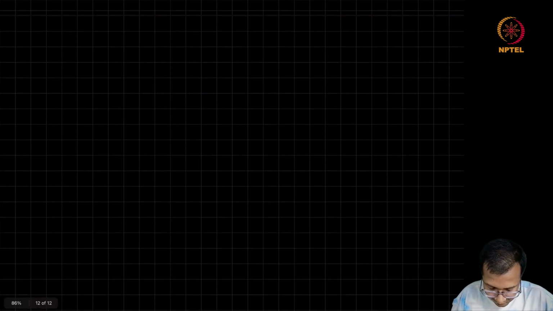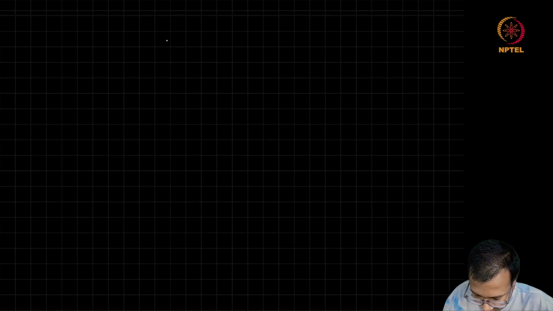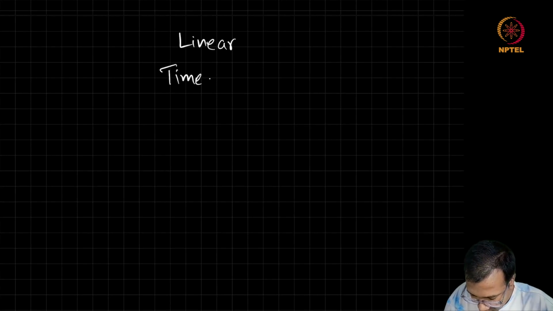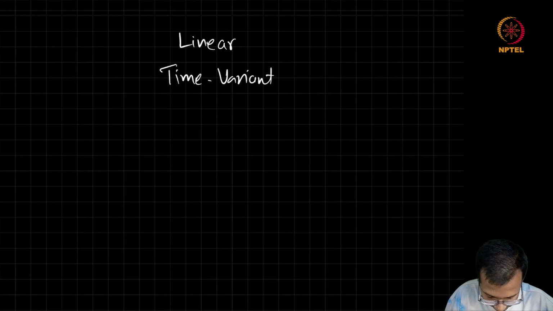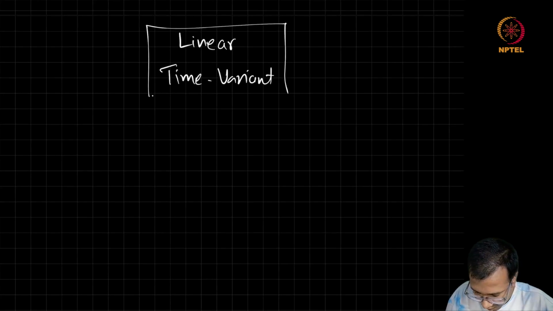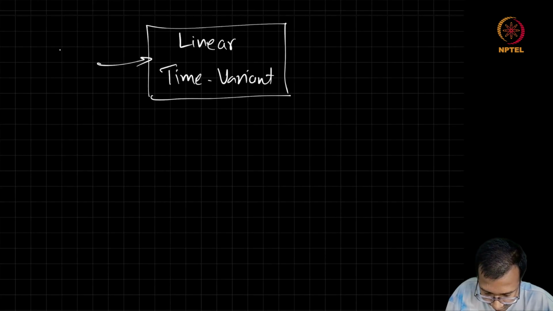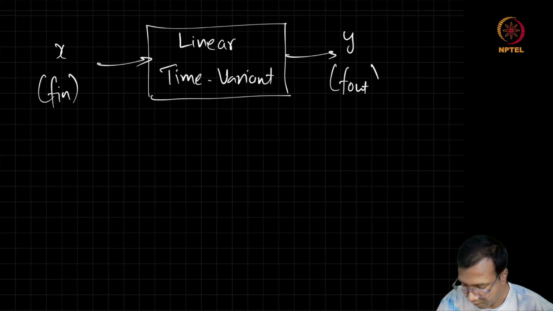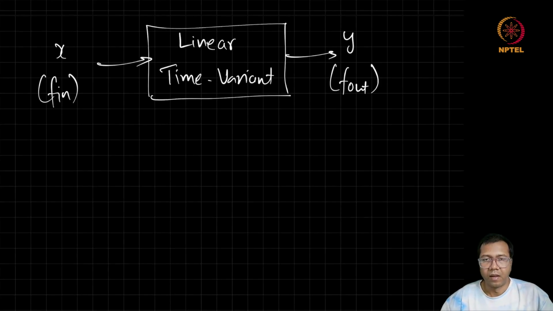The next approach we will try is utilizing time variance. So we'll be talking about a network which is linear but time variant. Here also we will apply a signal at a frequency f in, and we will try to observe what kind of frequencies may be present in the output.